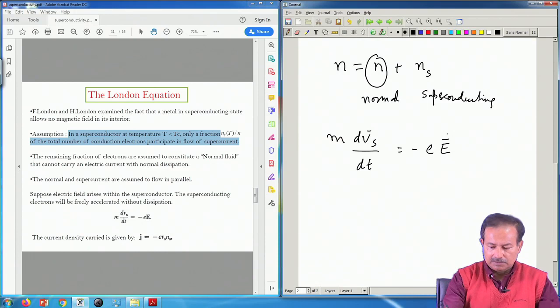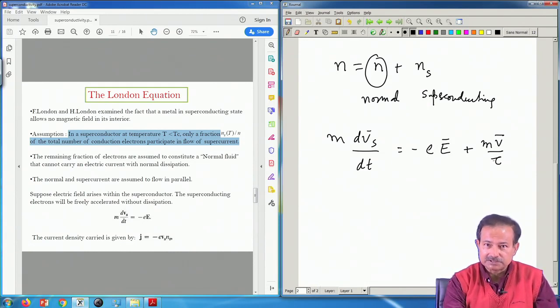Now, of course, you see that there was a term which was plus m v by tau in the Drude formula, but what you have done here is that since this is a superconductor, there is no resistance there.